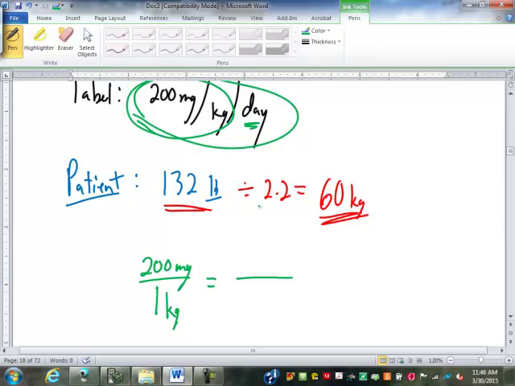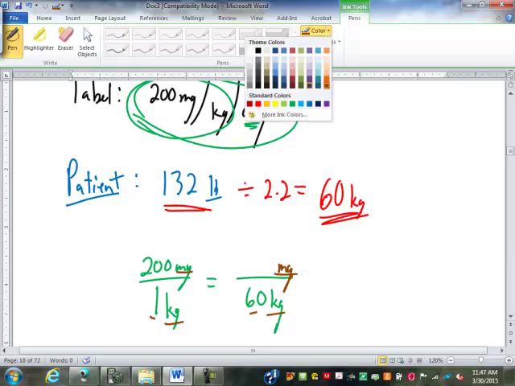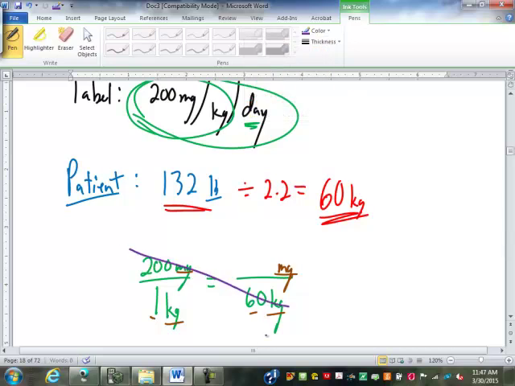And we want to know how many milligrams that would be for 60 kilograms. And again, we're looking for milligrams of medication. So this is how we know that this is a proportion and not a unit conversion, because none of the units are changing here. On the left side, we have milligrams and kilograms. On the right side, we have milligrams and kilograms. So we're not changing our units, we're just changing the numbers. Kilograms go from 1 to 60. We need to now adjust the milligrams. So we cross multiply: 200 times 60 kilograms divided by 1 is 12,000 milligrams.